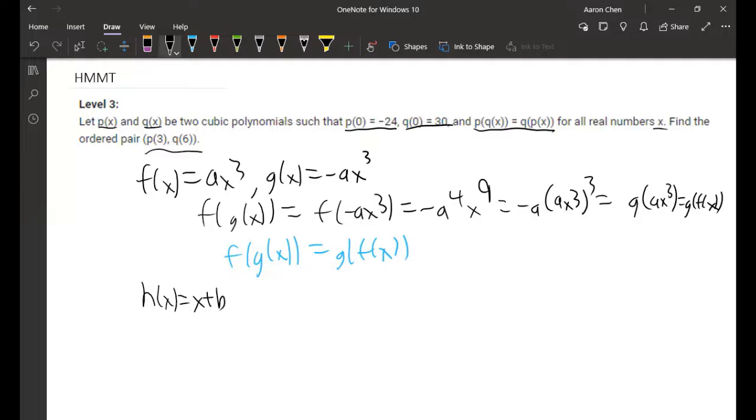And so we then have that the inverse of h is just equal to x minus b. And so now we can look at the functions h inverse of f of h of x.